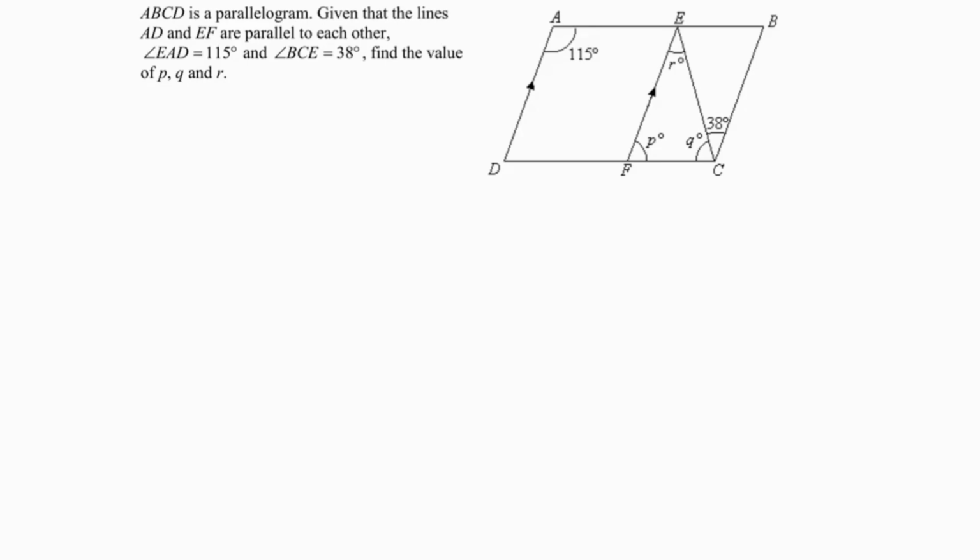For P will be quite straightforward. If this is 115, this will also be 115. So that will be my first working. Angle DFE is equal to 115 degrees because they are opposite angles of a parallelogram.